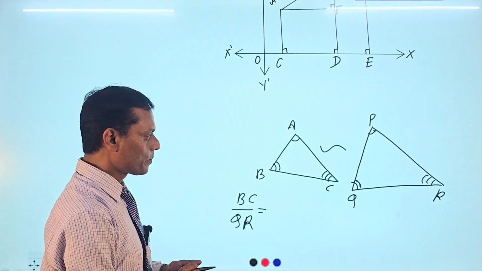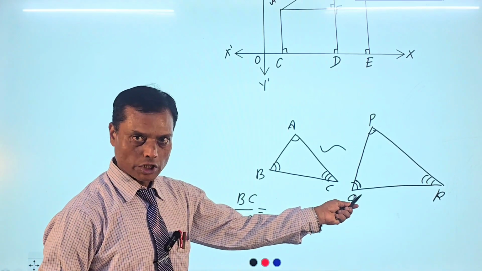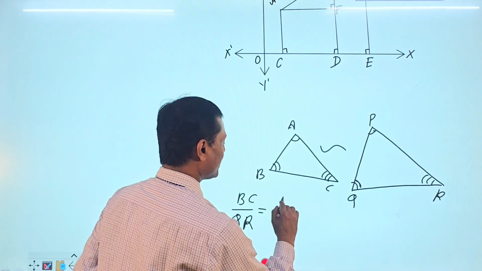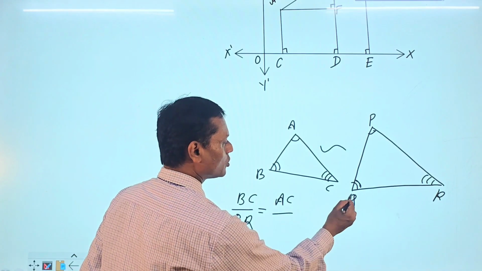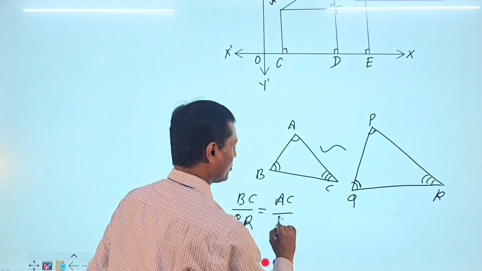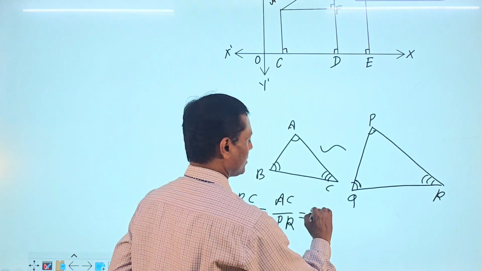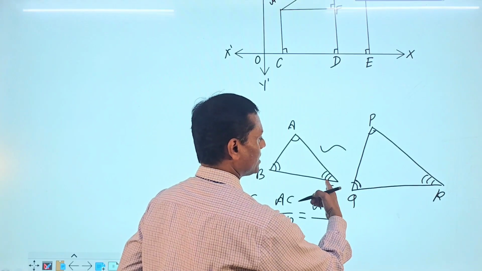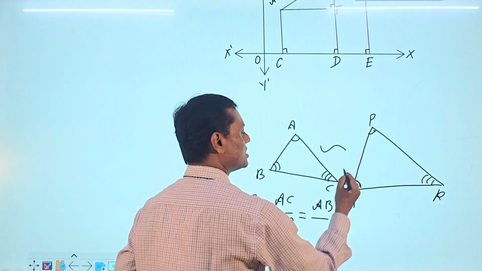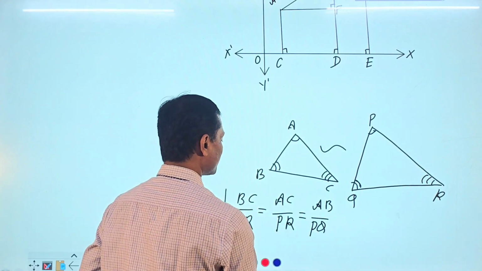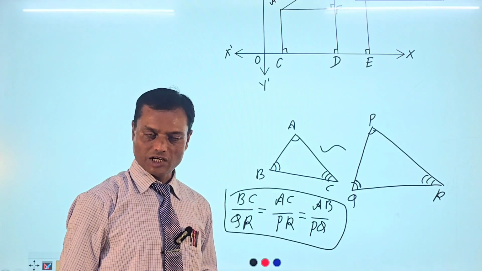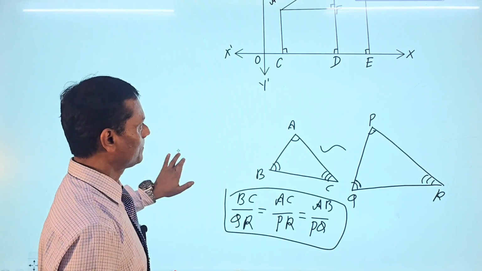That should be equal to angle B is equal to angle Q. Okay, opposite to B is AC and opposite to Q is PR. You can write it PR. Likewise, opposite to C is AB and that is C is equal to R and opposite to R is PQ. It means the sides are proportional. Are you getting me?